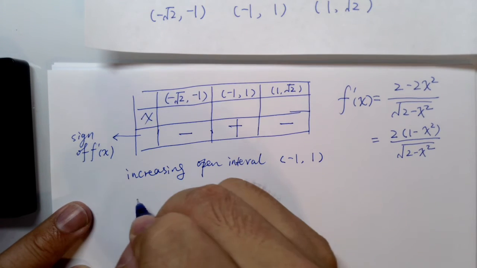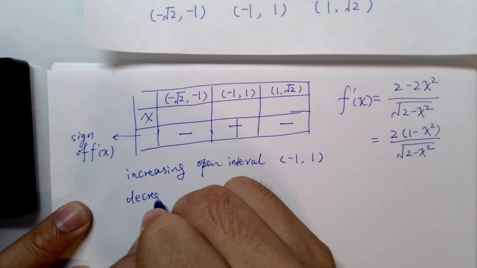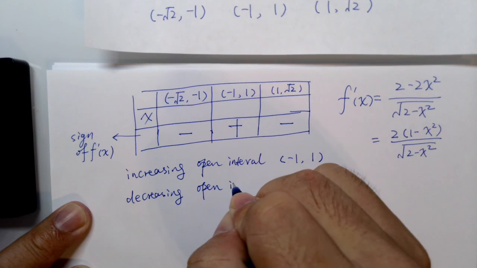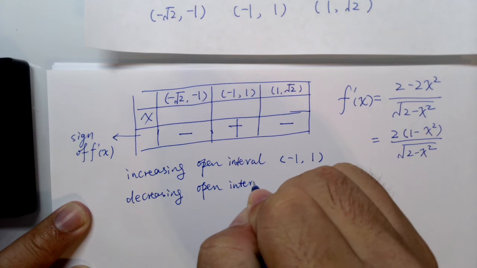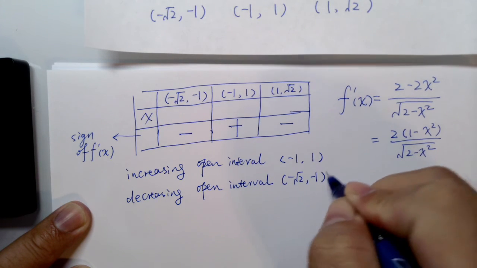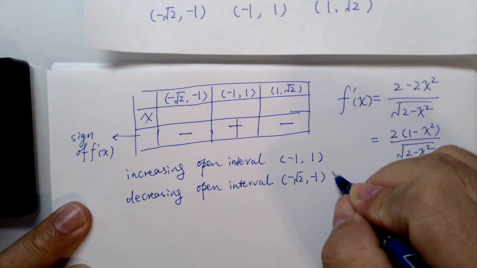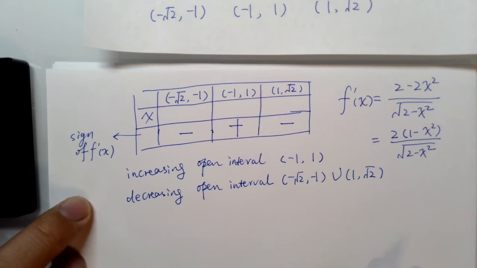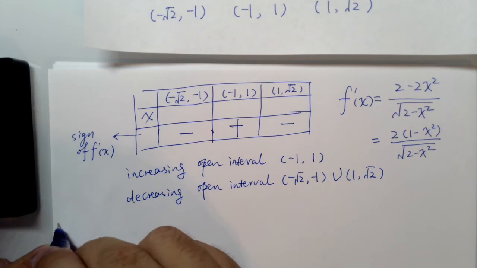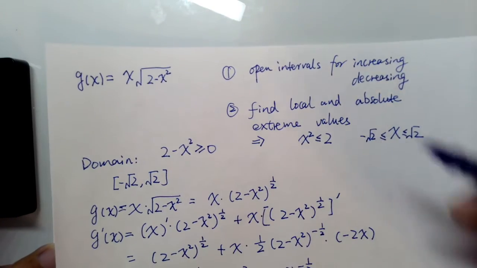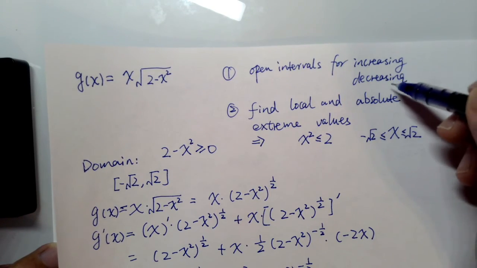Our decreasing open interval will be from negative square root of 2 to -1, union 1 to square root of 2. So that completes our first question. Let me go back to here, right? Figure out the open intervals for increasing, decreasing.